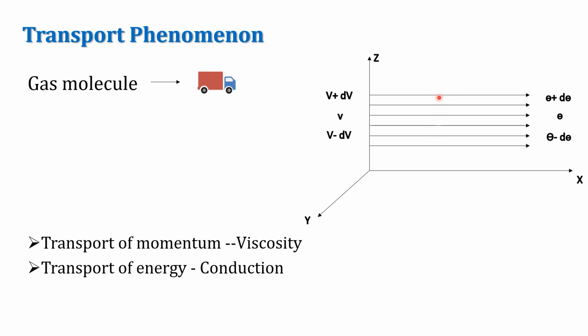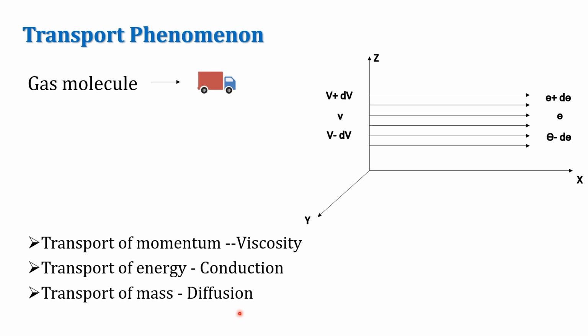Due to temperature difference between the neighboring layers, a temperature gradient is established, and the energy can be carried from the region of higher temperature to the region of lower temperature, so as to bring equilibrium state. This gives rise to conduction phenomena, and it is a result of transport of energy.